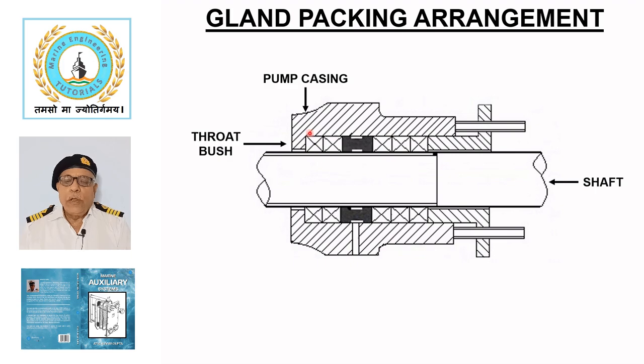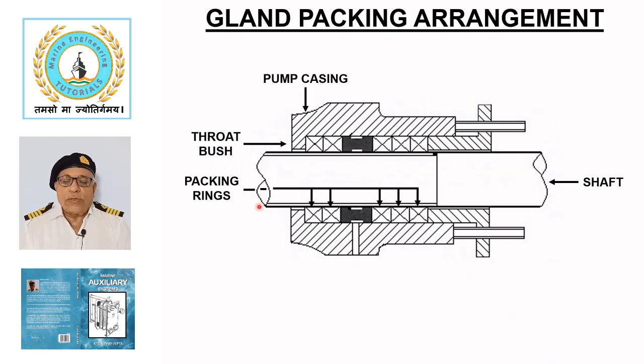Throat bush retains the packing rings and restricts leakage between the rotating shaft and pump casing. The cavity formed between pump casing and rotating shaft is sealed by means of packing rings made from semi-elastic material.